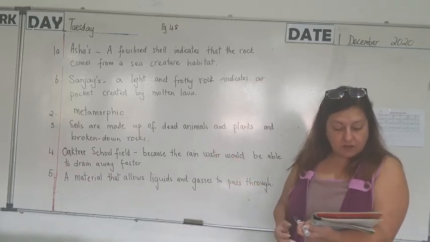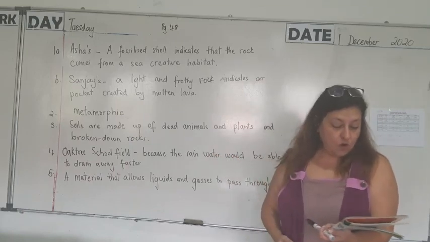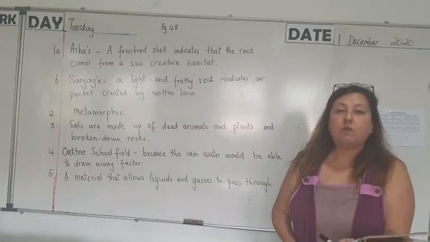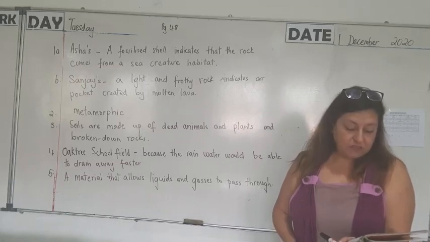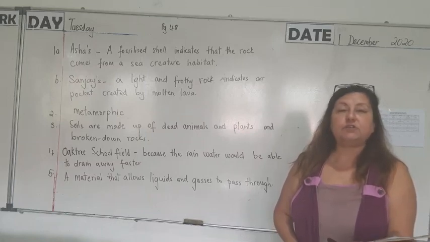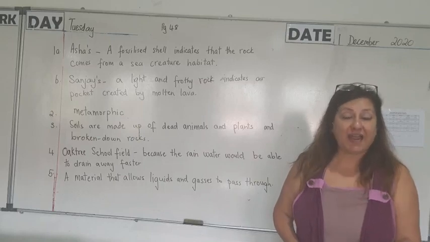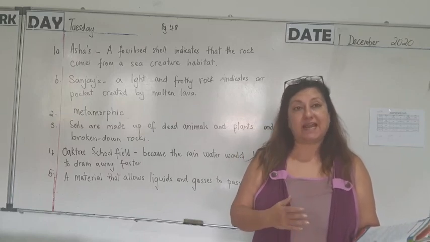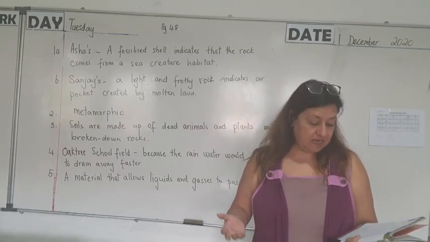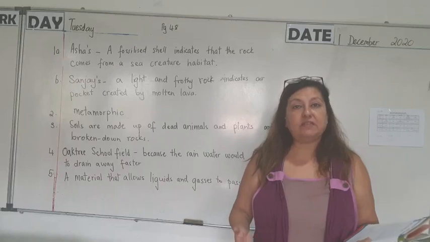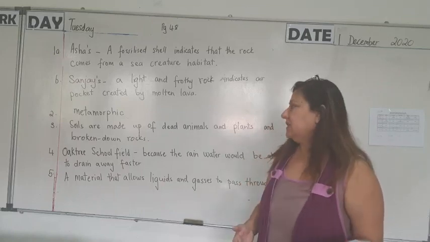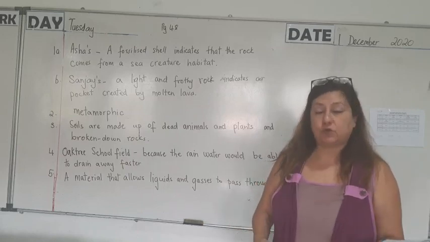Next one, number 4. Oak Tree School Field is on sandy soil. Fernwood School Field is on clay soil. One day it rained. Which school field is likely to dry first and why? So you have 2 school fields. One is on sandy soil and the other is clay soil, okay? So when it rains, which field will dry faster or dry first is of course the one with the sandy soil, okay?